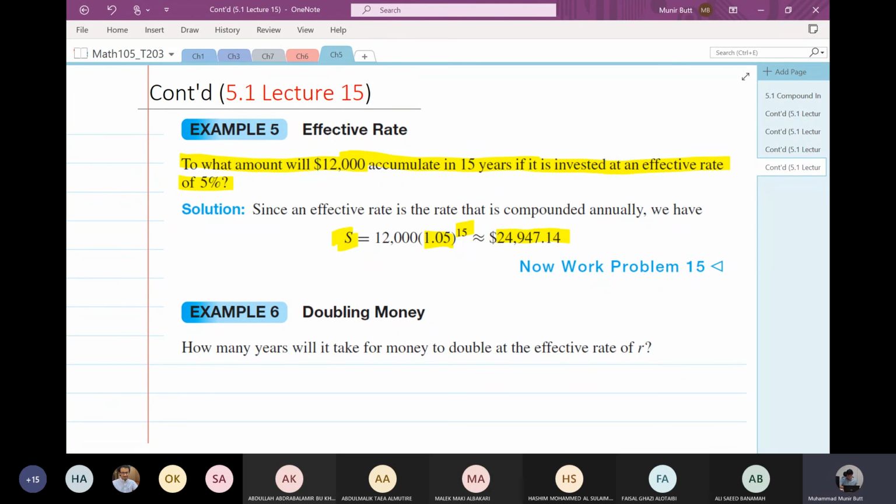Is this example number 5 clear? Yes, doctor.